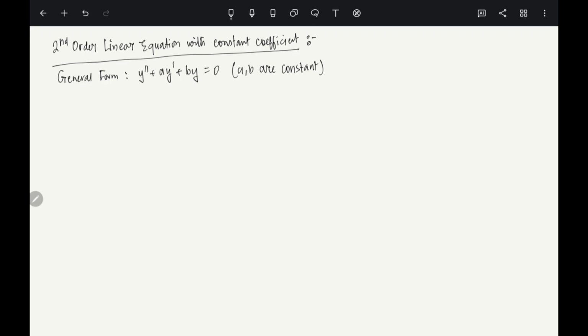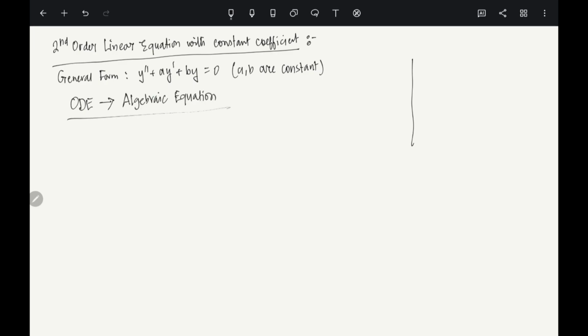Since we do not know how to solve this explicitly by directly attacking it, we want to use something which we know. So we will convert this ODE to an algebraic equation.